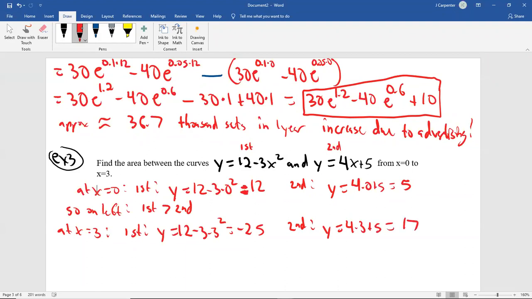So they do cross at some point, obviously. So on the right, the second is greater than the first, which means they clearly cross.